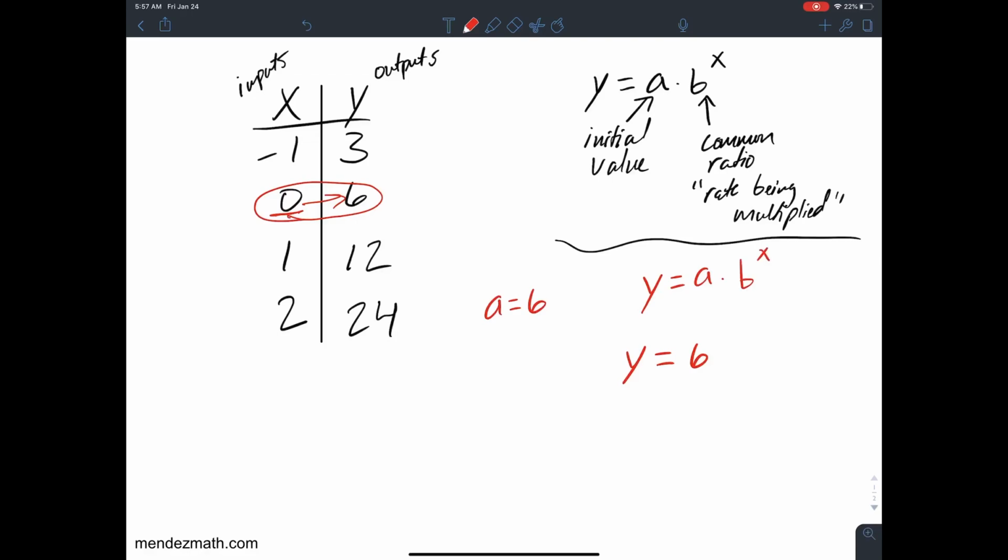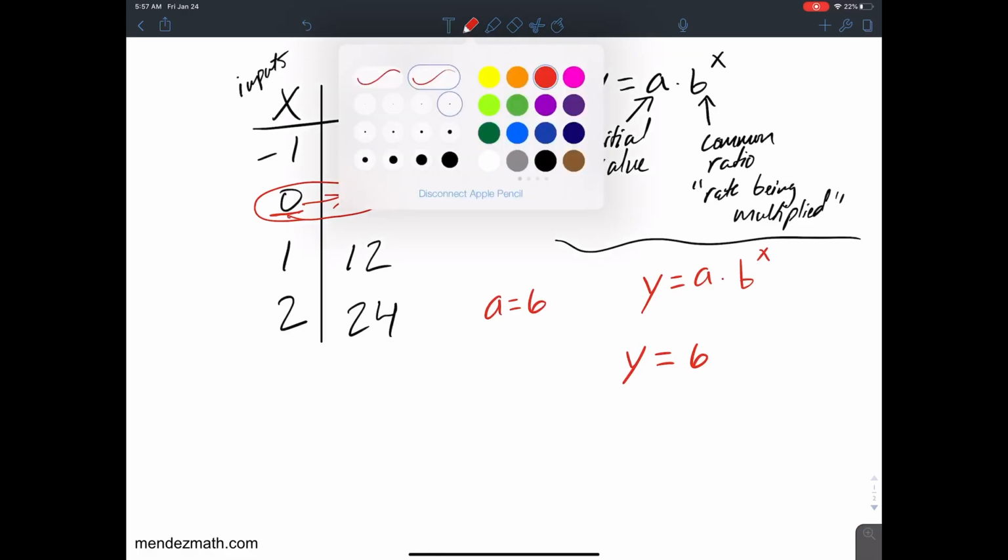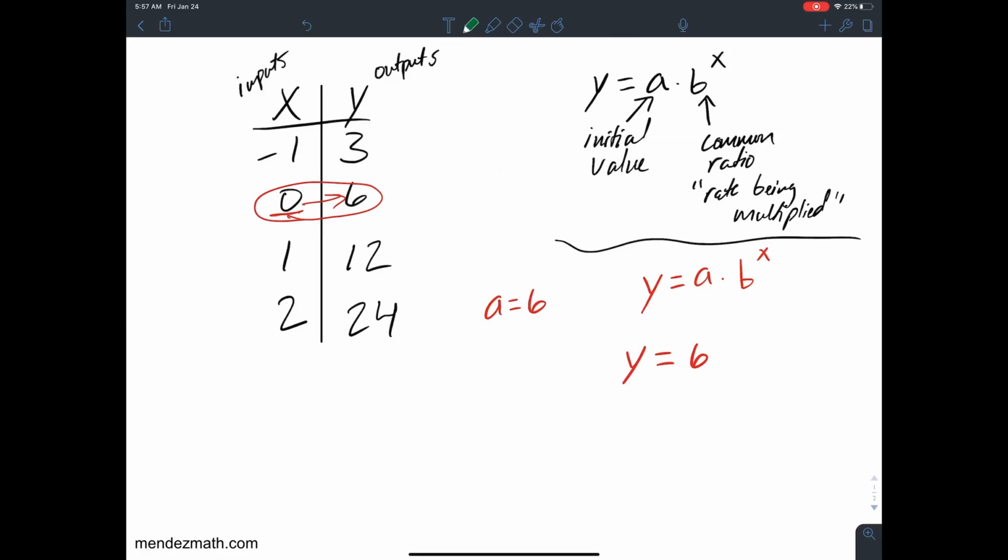Okay. So next, we need to find our common ratio, and that's the rate in which it's being multiplied by. So for that, we look at our outputs. Okay, so 3, 6, 12, 24. 3 plus 3 will give us 6, but 6 plus 3 will not give us 12, plus 3 will not give us 24. So you already know that that's wrong.